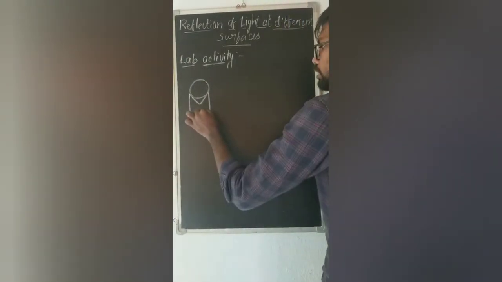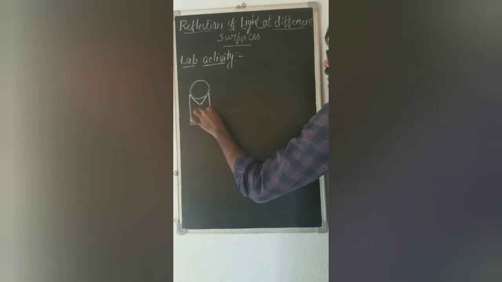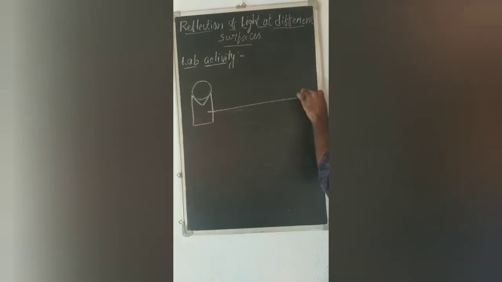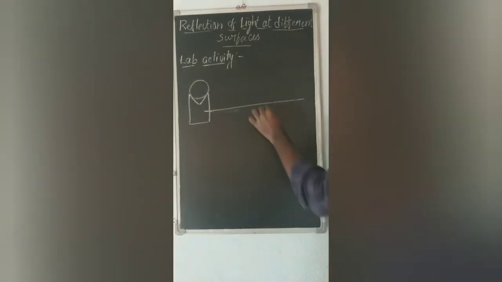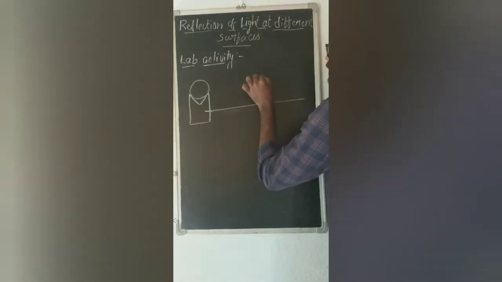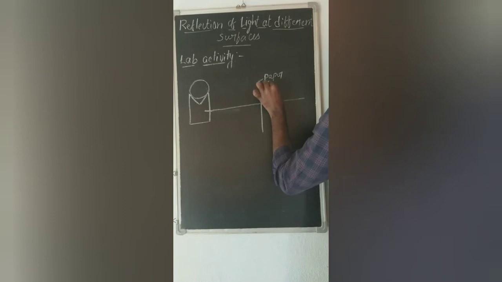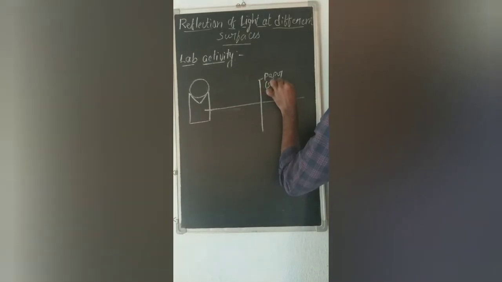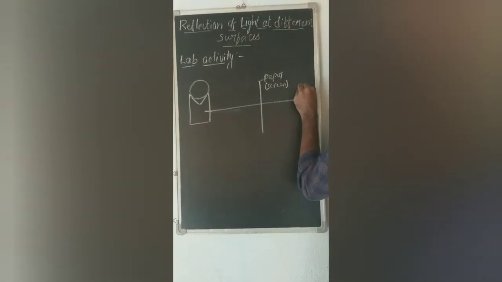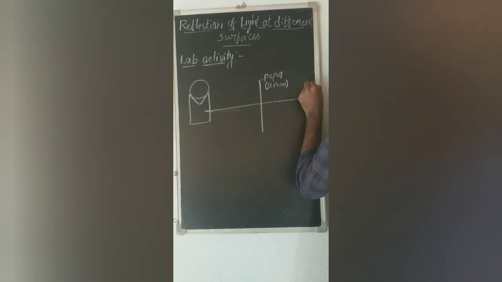Okay, this is the principal axis. Drawing a straight line in principal axis, and here we are placing a paper. This is paper or screen. Okay, and place a candle.